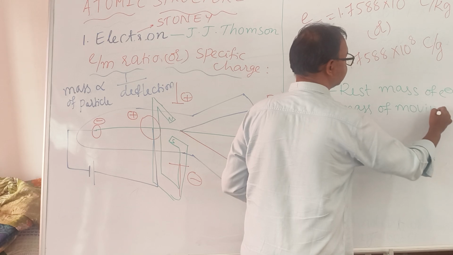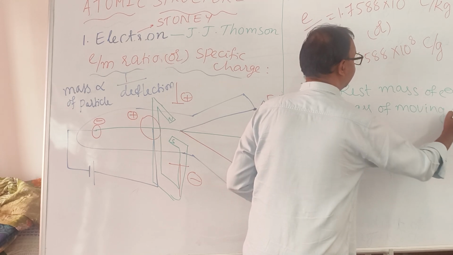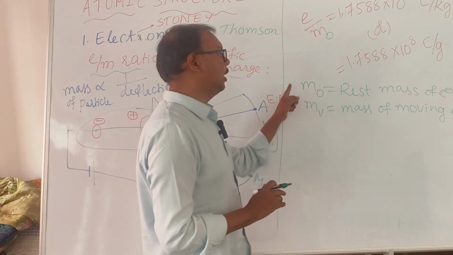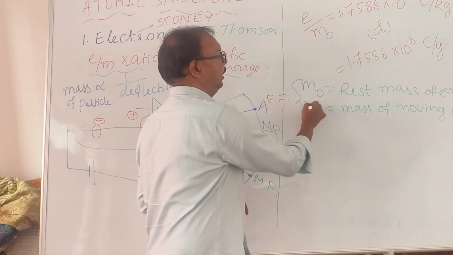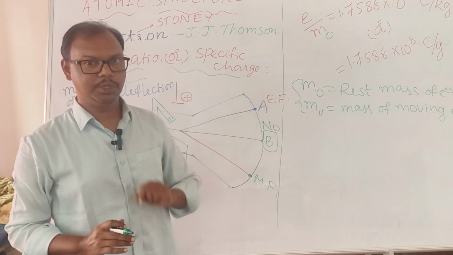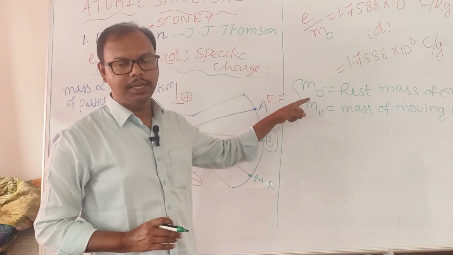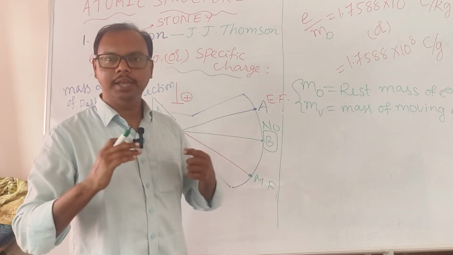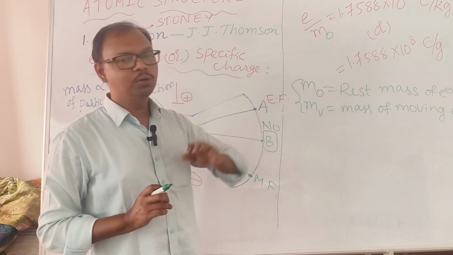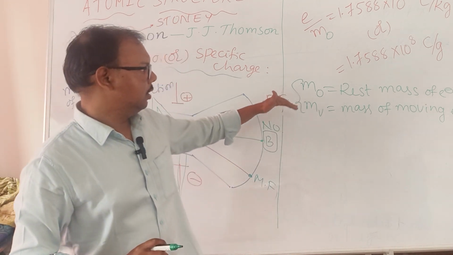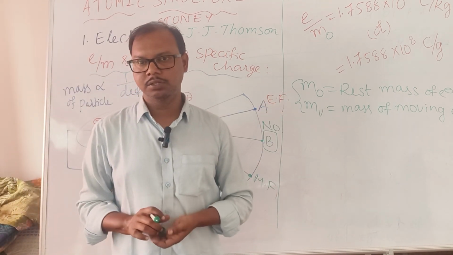Let us see that, because it is a very tiny particle, no? There are two types of masses an electron has. Any electron, if you consider the electron present in any atom, whatever the atom may be, has two types of masses. One is rest mass, another one is moving mass.